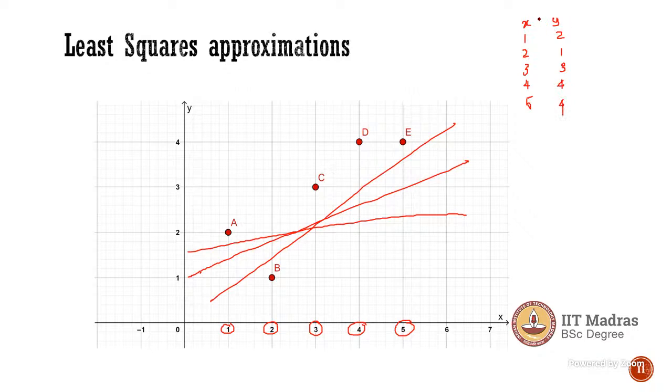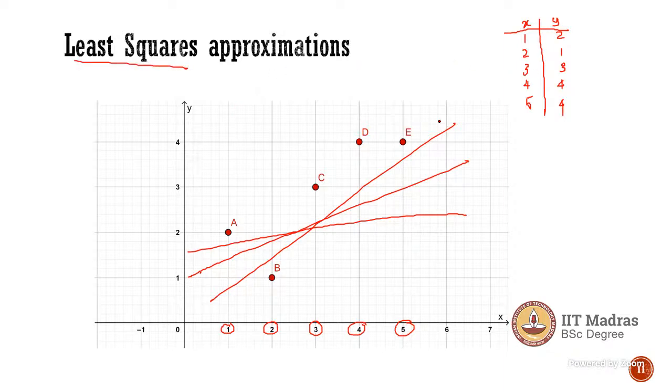So instead of this figure, you may be given the table format of x and y. Here x is your independent variable and y is your dependent variable. You are going to approximate y from x, that is, find a model that can represent y. That is what least square approximation is, right?